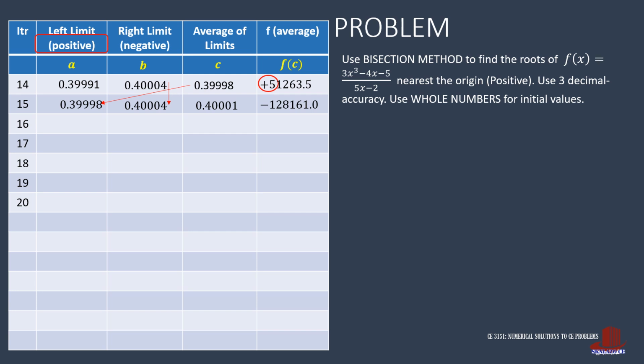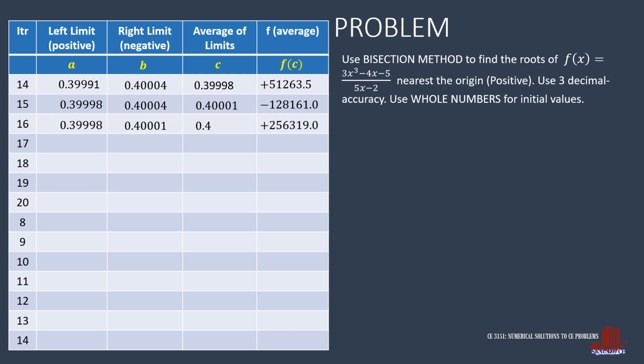Although f of c already grew exponentially, we focus on the convergence of a and b now. Next is taking 0.40001 as the new value for b, and a is still 0.39998. C is then computed as 0.4, where the f of c is 256,319.